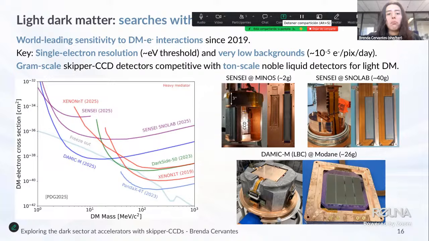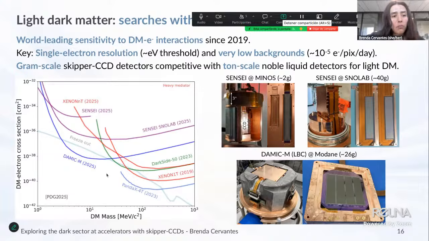Here you can see pictures of some of the setups of experiments that are searching for light dark matter. We can see here the SENSEI experiment at MINOS at Fermilab, SENSEI at the SNOLAB laboratory in Canada, and the DAMIC-M setup at the Modane laboratory in France.